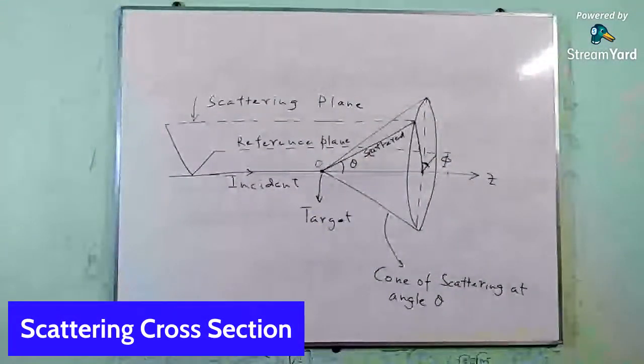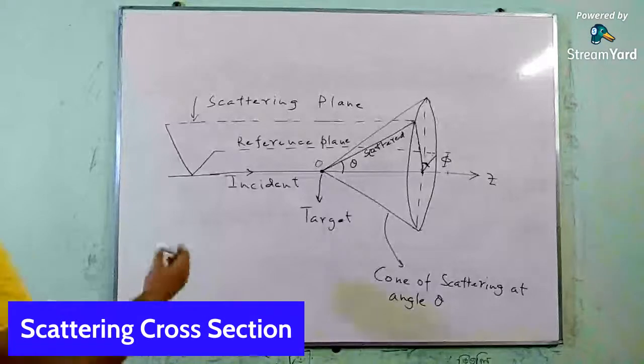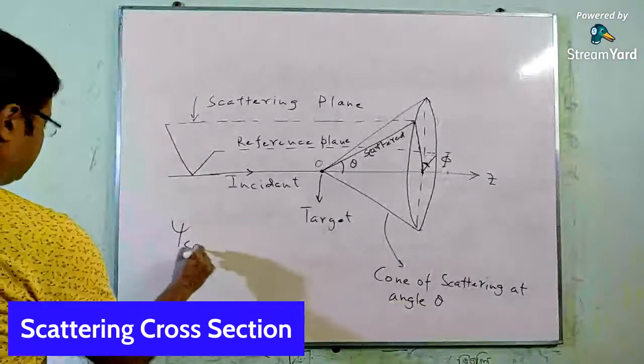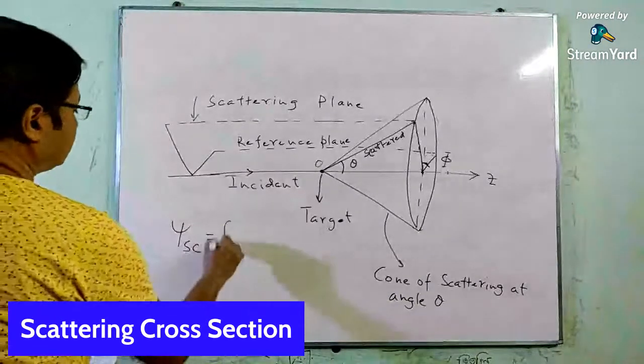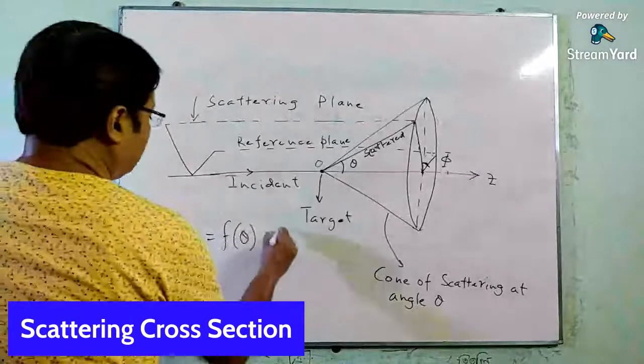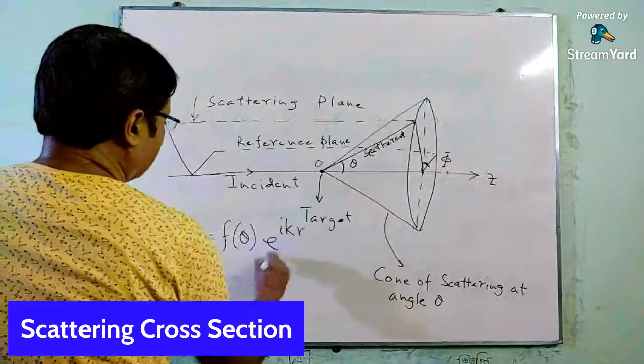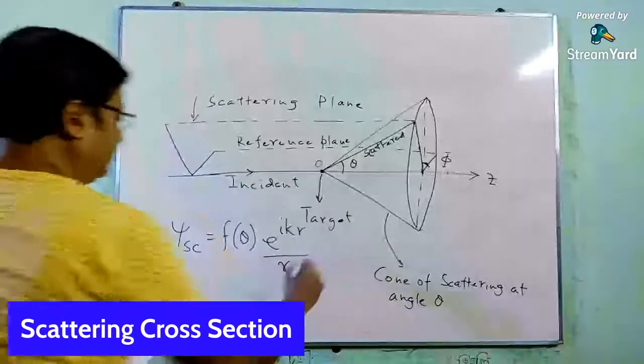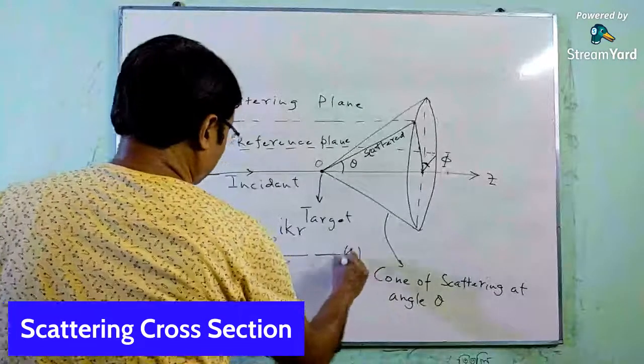Now the scattered wave being spherical can be written as psi sc equals some function of theta, e to the power i k r by r, and this is equation 4.